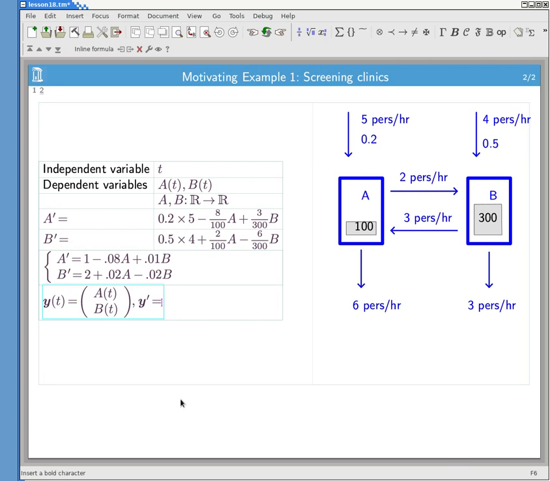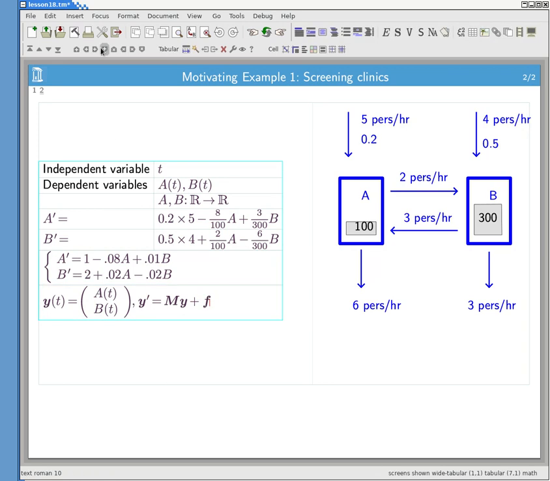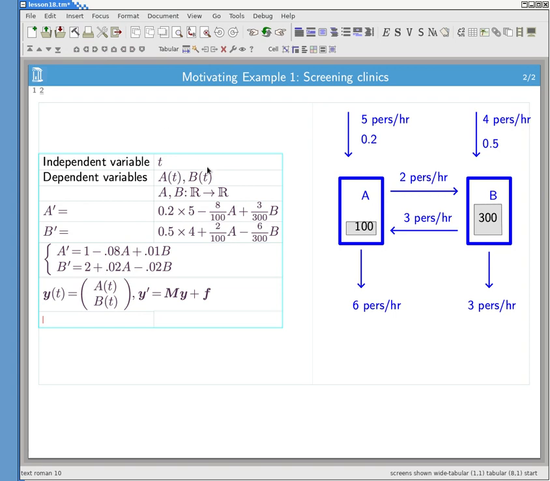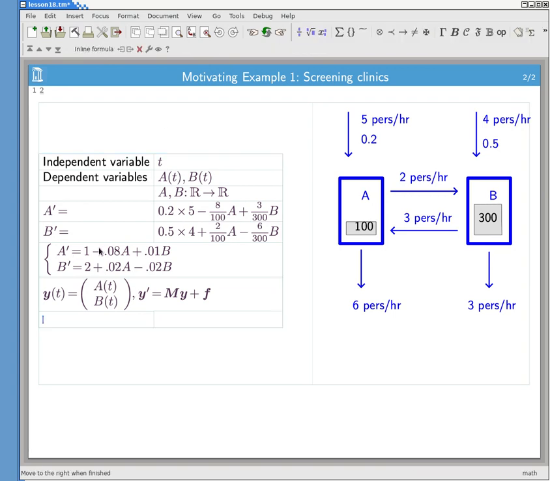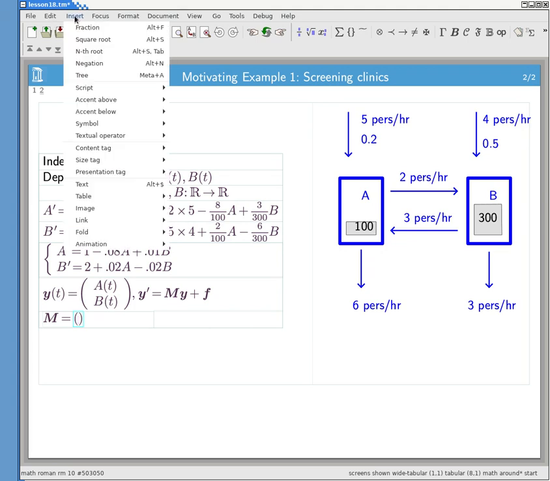Let's call this matrix M, that multiplies y and also has some right-hand side free term which we'll call f. By investigation, you can readily look at the form written out in full and come to the conclusion that M is going to be a 2 by 2 matrix.